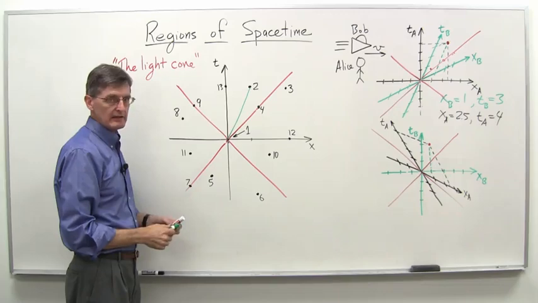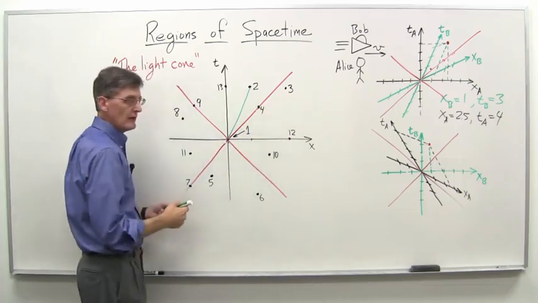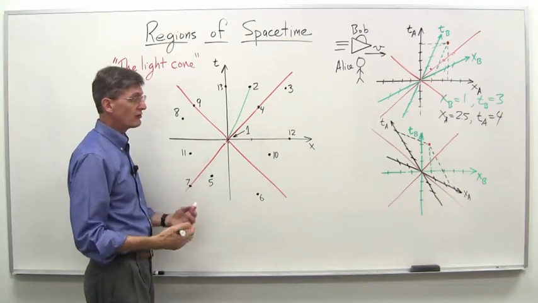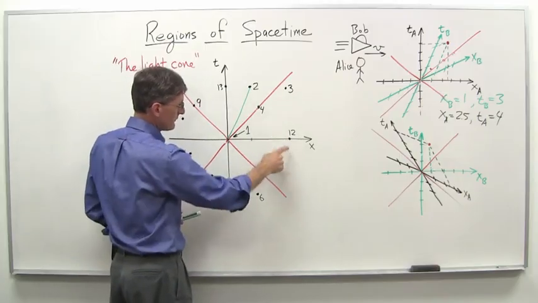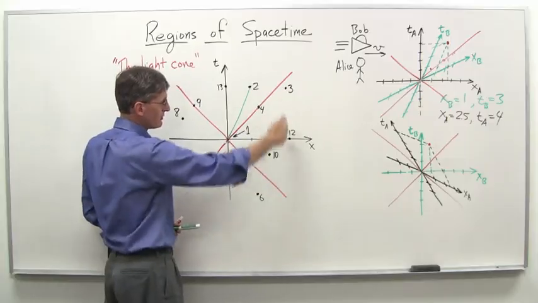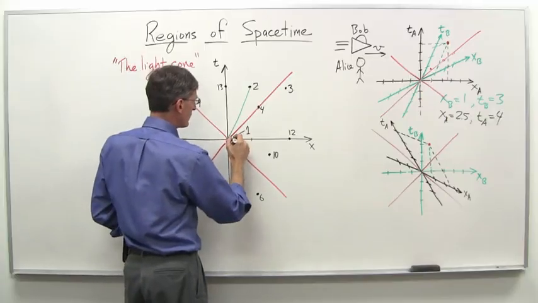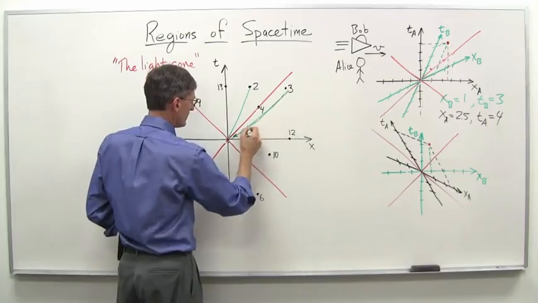Note where I can't get, however. Look at number 3 over here. Okay? If I say, okay, I'm going to get in my spaceship, go as fast as I can, and I'm going to try to get to point 3, which is out here at some position, not position 12, that's just another dot, but some position out here at some later time. To do that, I'd have to have a world line, something like that. Well, I missed the dot there, but at least hit the 3.